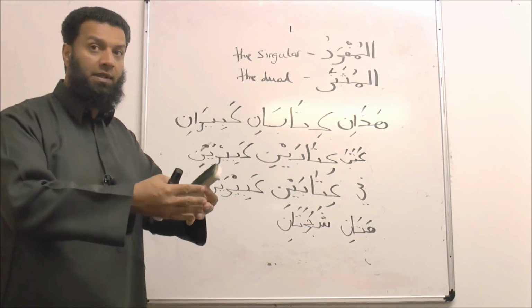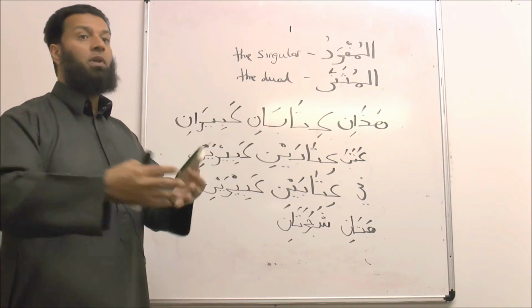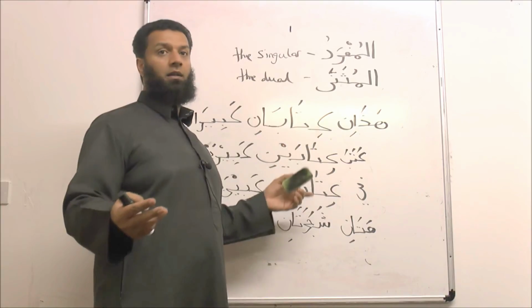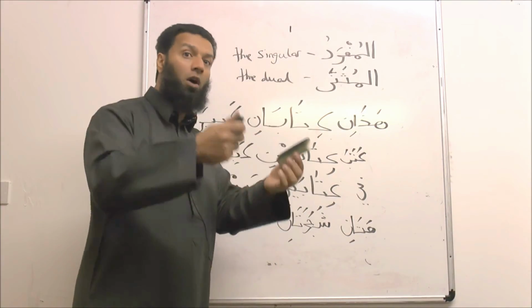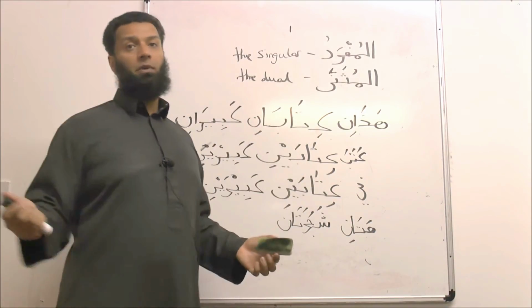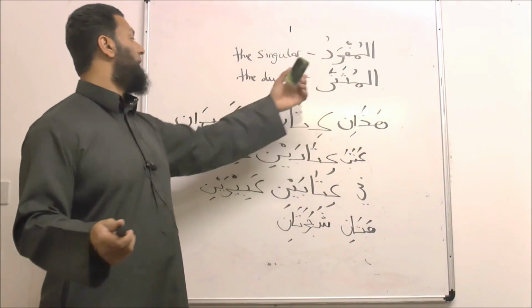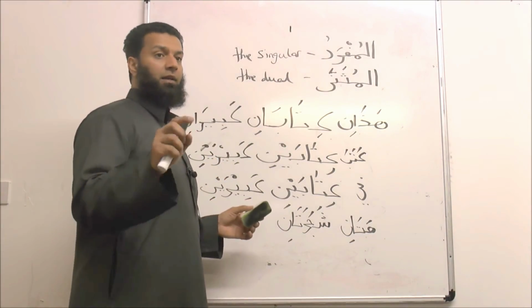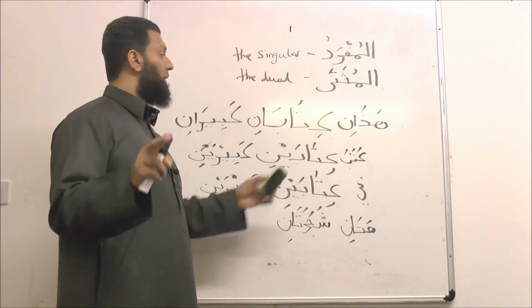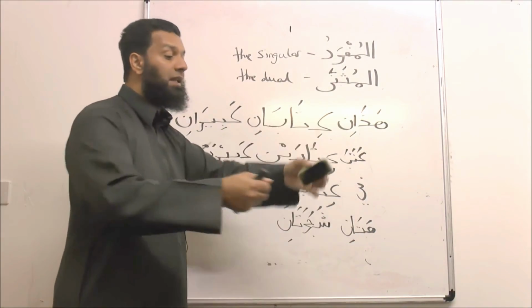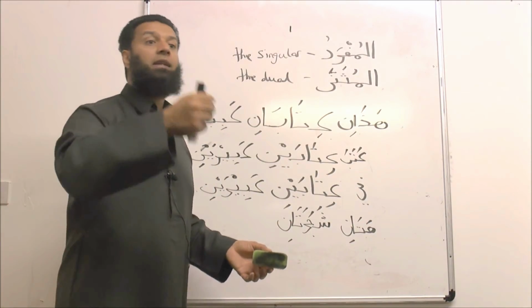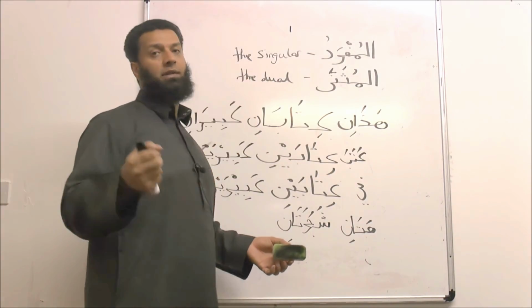These two books are large. But if you want to say these are two large books, then it's hadhani kitabani kabirani. Is that clear? When you have al, it becomes these two books, not these are two books.